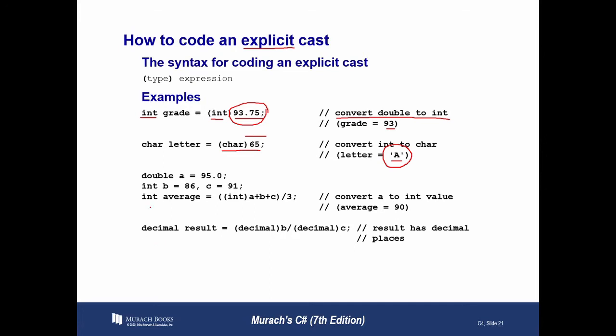And so this next one is a really interesting one, right? Because we've got the variables A, B, and C. Variable A is a double, int B and int C. So B and C are both integers. And when we do this mathematical operation where we add them all together and we divide by 3, we're bound to get an actual decimal value of some kind.